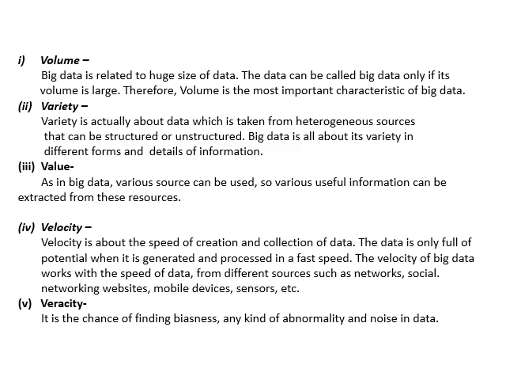The velocity of big data works with the speed of data from different sources such as networks, social networking websites, mobile devices, sensors, etc. Last characteristic is veracity or variability. It is the chance of finding bias, any kind of abnormality and any noise in data. So all these were the characteristics of big data.